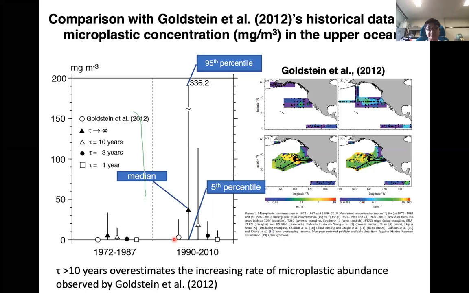Other marks show the microplastic abundance in models with different tau. If we use a large time scale, the abundance increases to larger than observed.